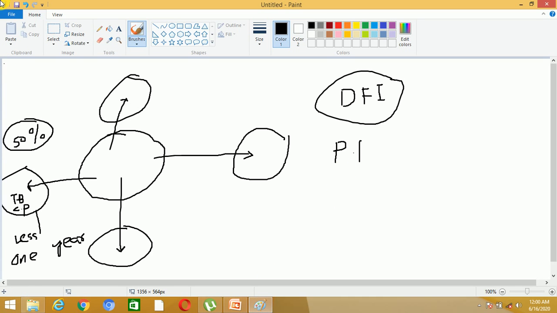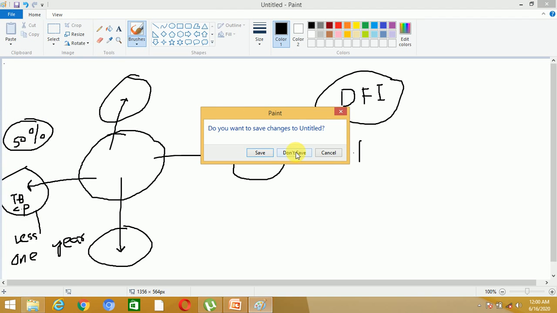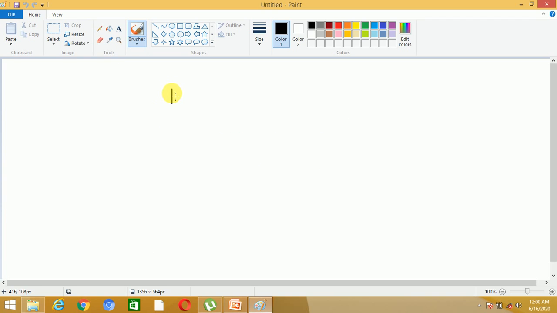We discussed the first two components of the balance of payments shortly: first the current account, then the capital and financial account, C and F.